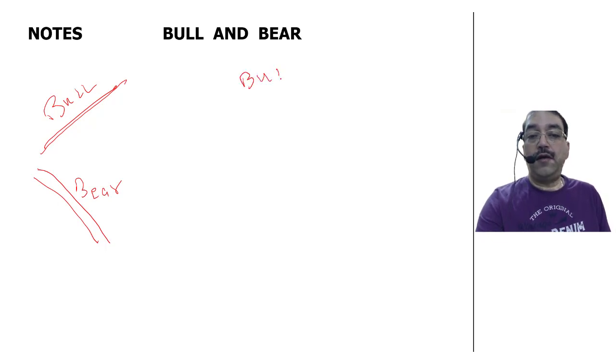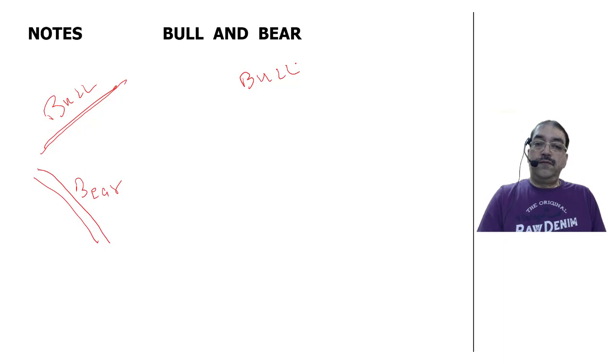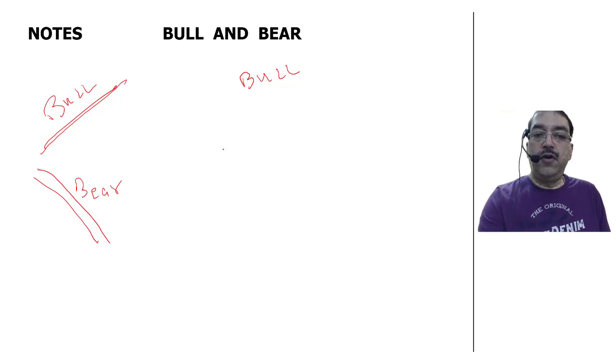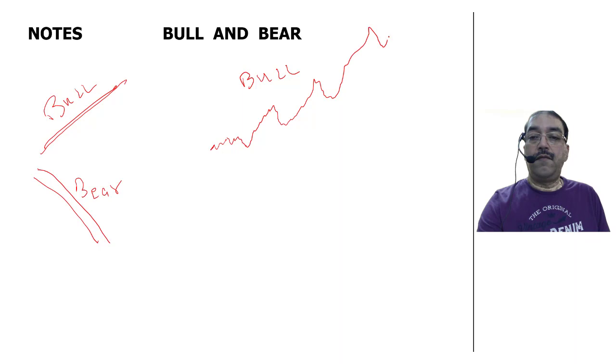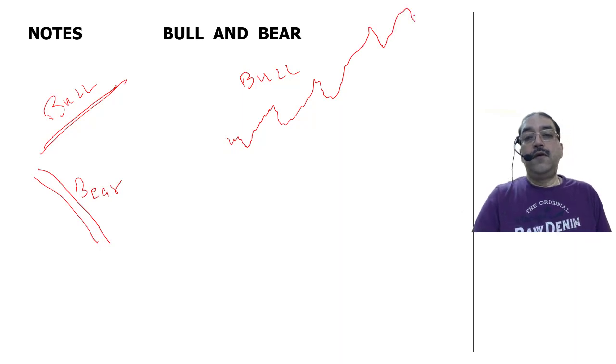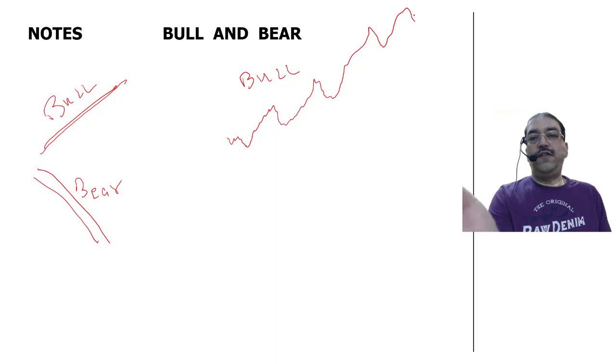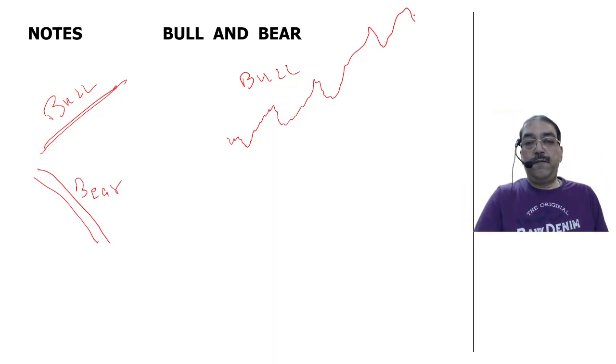So I will draw the bull diagram like this. You will say, sir, what is the difference? You also are showing the same thing going upwards. We also have shown the same thing going upwards.